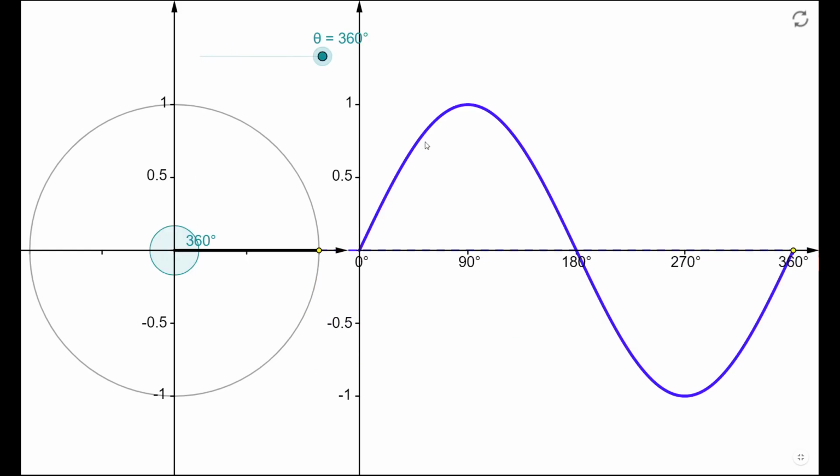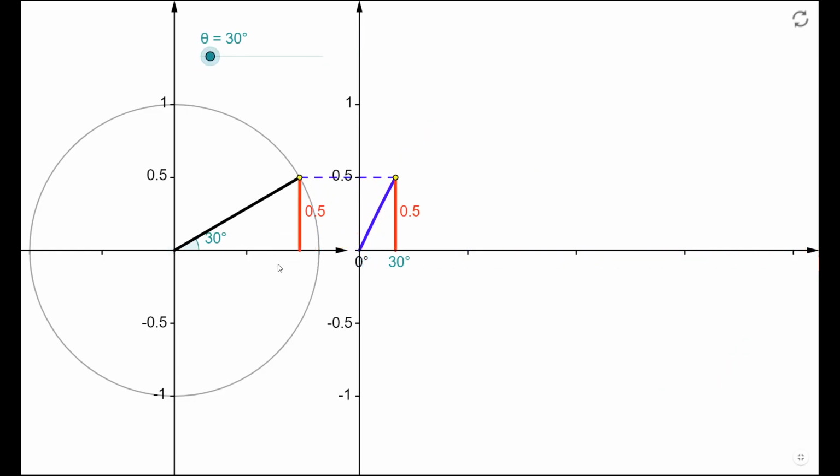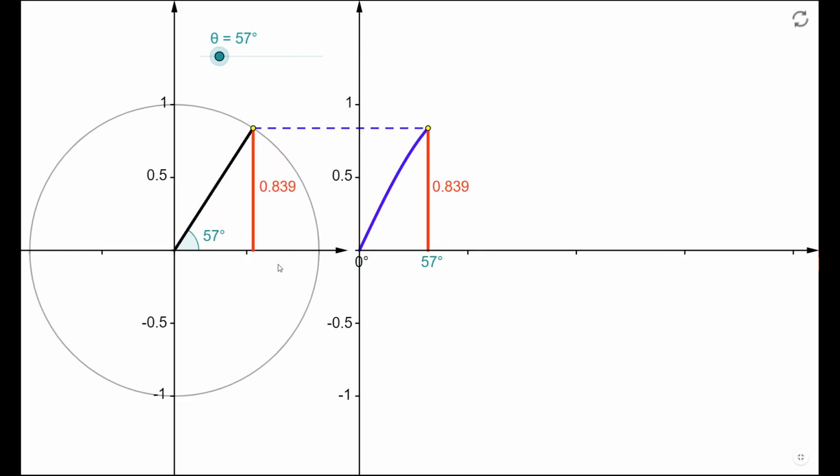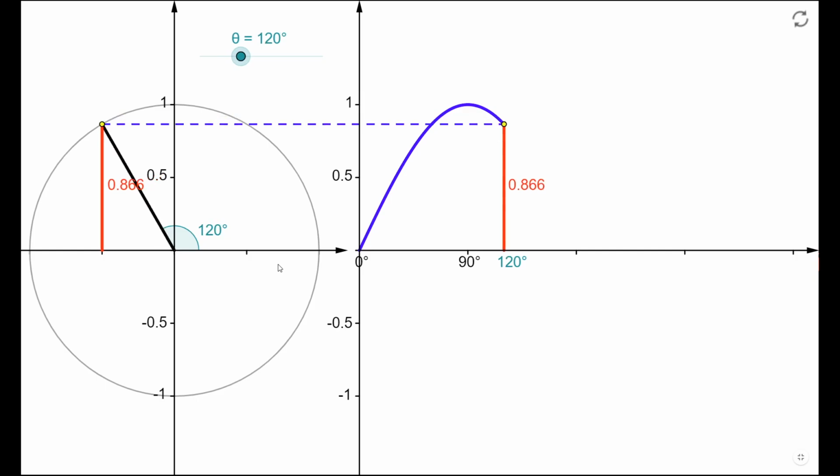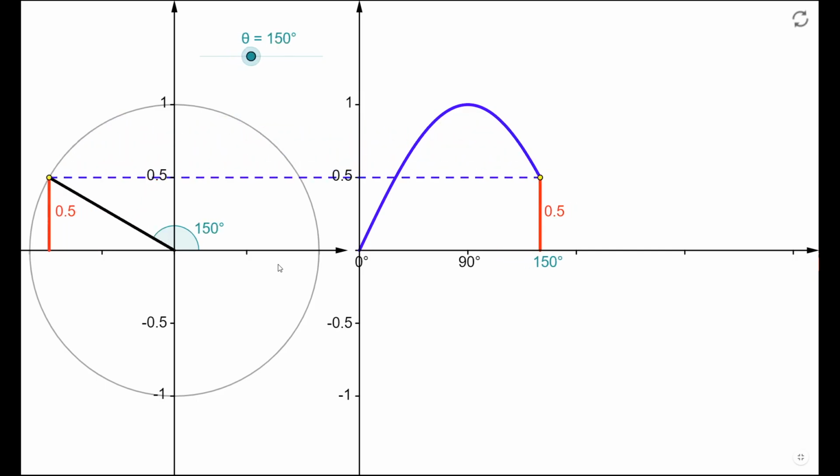Now, this here is what we call a sine wave. It's the graph of the trig function sine. Okay? And we can see that what this is doing is measuring how high up the y-axis the opposite reaches.